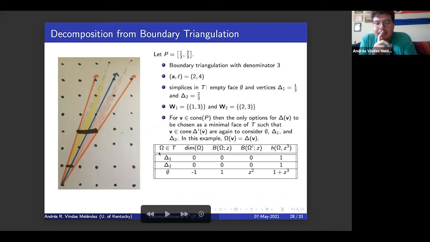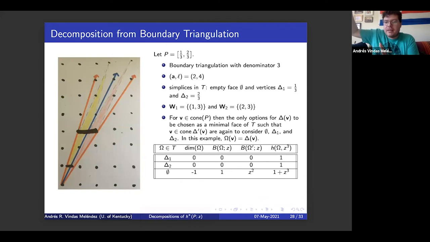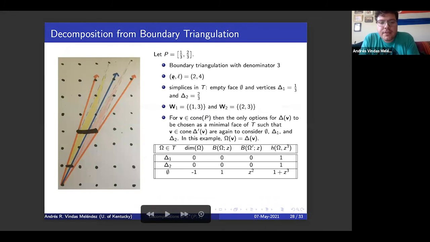Notice what the difference is between this construction and Stapledon's original construction: because we have rational stuff, we have to worry about getting things big enough to become integral again, right? And so in his original case, when he specified a point A comma L, or what I'm calling A comma L, this cone never contained any lattice points.